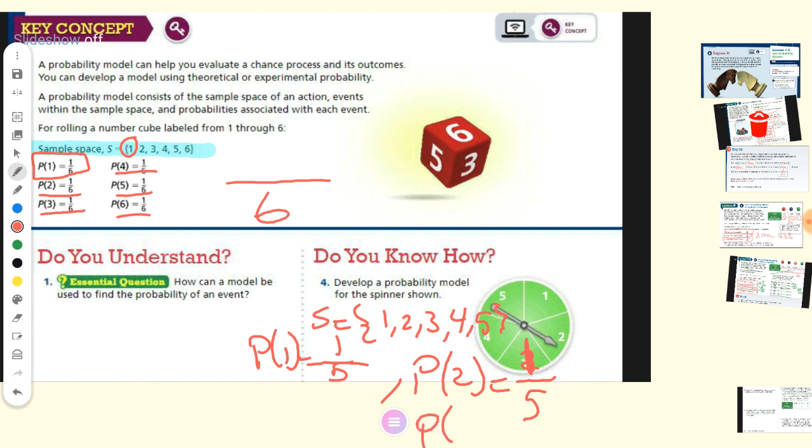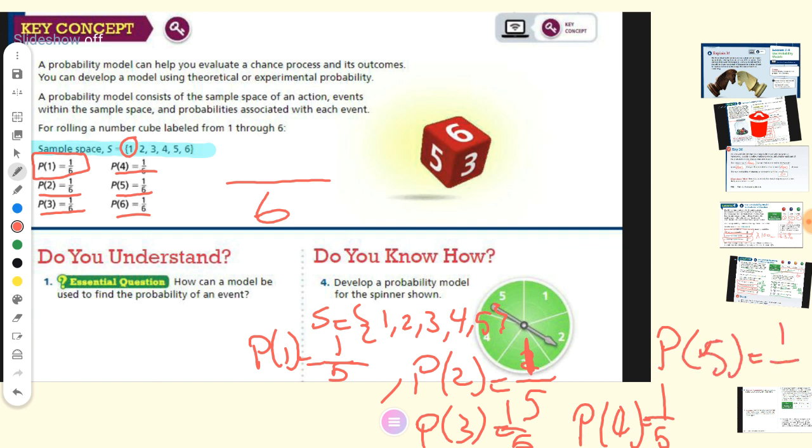P of 3 appears only one time, so it's 1 over 5. And P of 4, 1 over 5. P of 5 equals 1 over 5 too, because each one appears only one time. This is how to write the probability model, which contains the sample space and the probability of each sample.